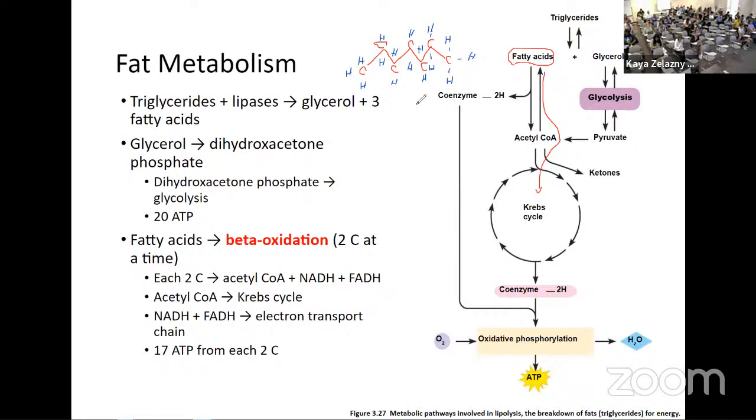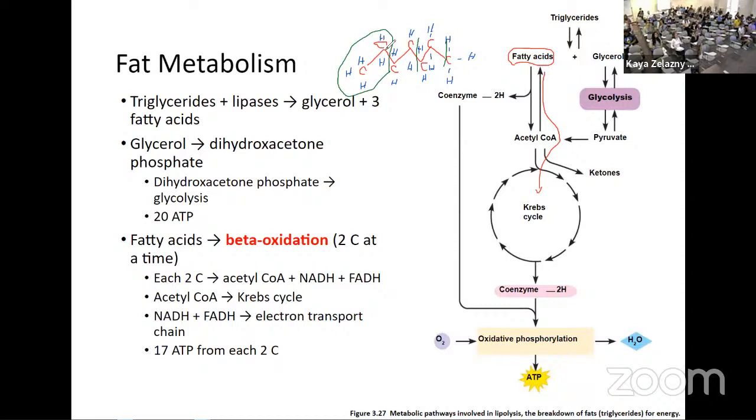So we're going to chop them in groups of 2 carbons, like that. Here I've got like 3.5 on this one I happened to draw. I should have made it an even number. Every 2 carbons with their associated hydrogens is independently going to get turned into acetyl-CoA. So it's going to go through the Krebs cycle and through oxidative phosphorylation.